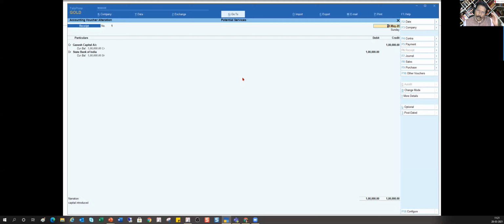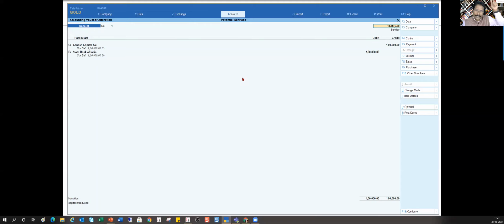And Tally is intelligent enough that it will know, irrespective of whether you have, because in the single entry mode, we noticed that we did not use debit or credit. But when you come to double entry mode, the same transaction that we passed, you will see that Ganesh account is credited, right?